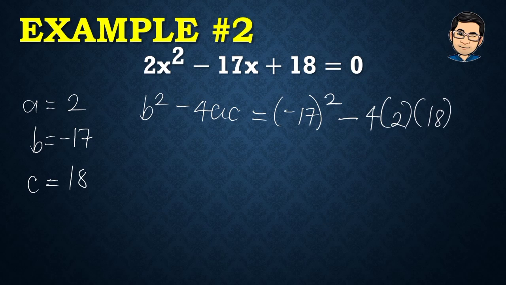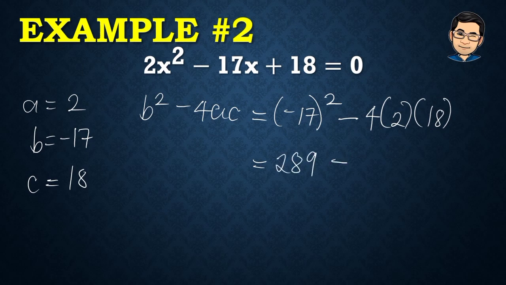So as you can see, paulit-ulit lang naman yung process natin sa pagkuha ng discriminant. Okay? So, again, negative 17, i-square natin. Tandaan nyo, kapag ang negative number or negative integer, in-square natin, magiging positive yung sign ng product. Okay. So, that is 289.